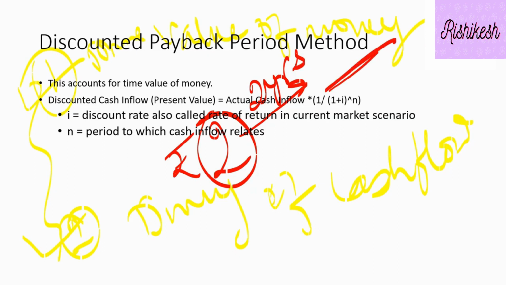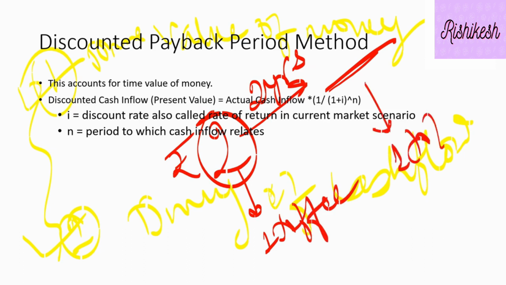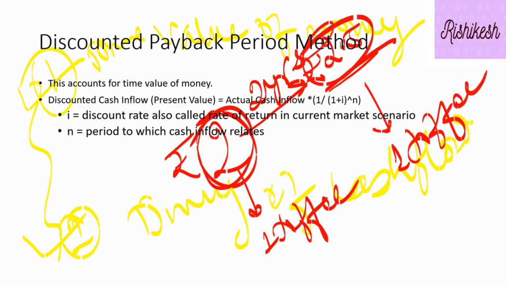You can think of it in such a way: if you can buy one toffee right now with 2 rupees, after 2 years, maybe for buying the same one toffee, you may require 2.5 rupees. So this 2.5 rupees is actually the future value of this 2 rupees, because you are buying the same thing.